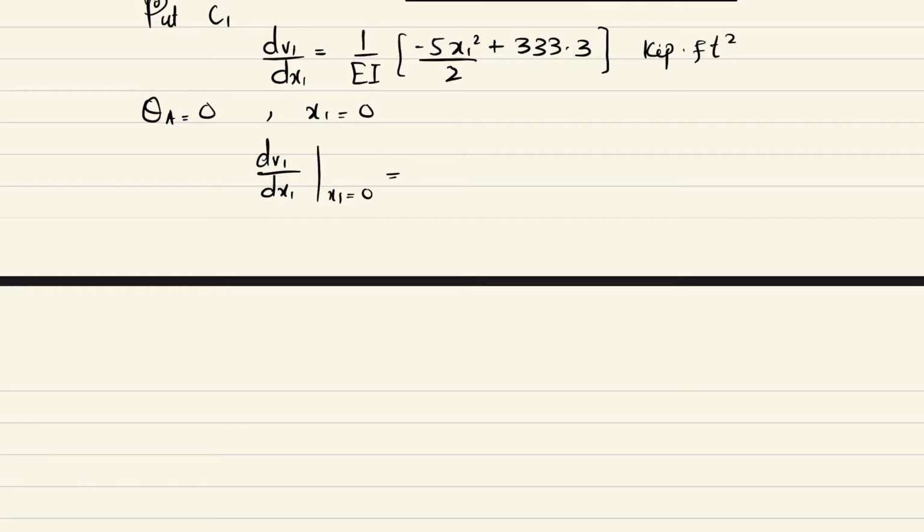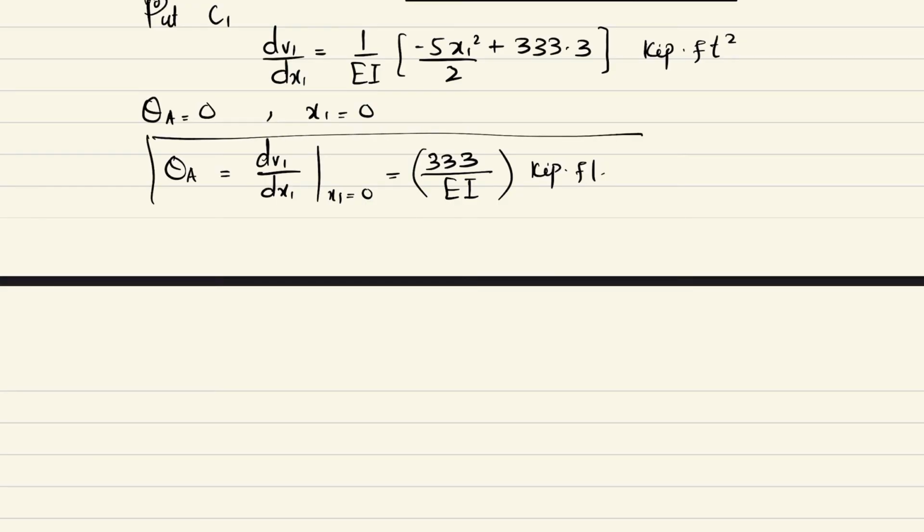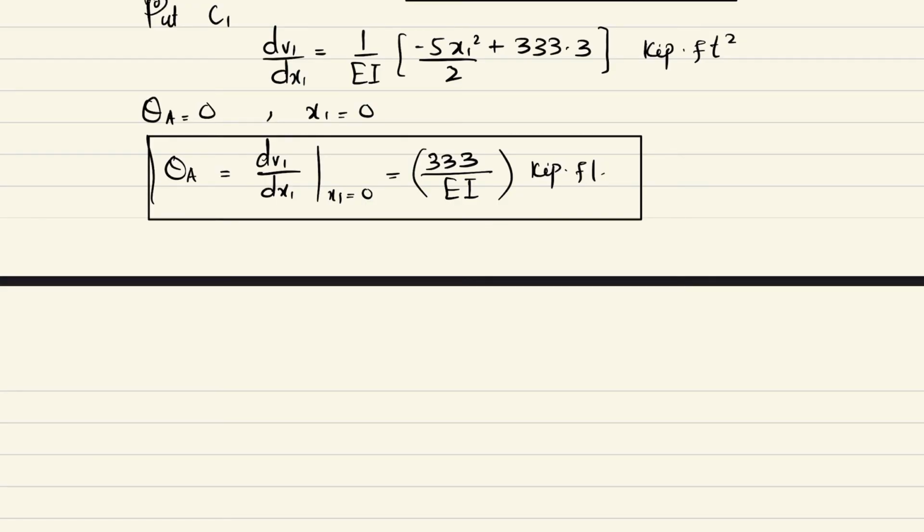You can see that this term will be 0 and we will be left with 333 divided by EI, and the unit will be kips into feet square. This is theta A, the slope at point A. So this is the answer to our second part.